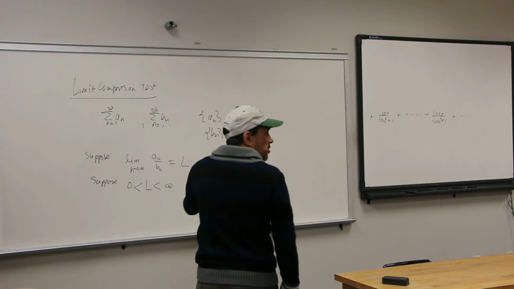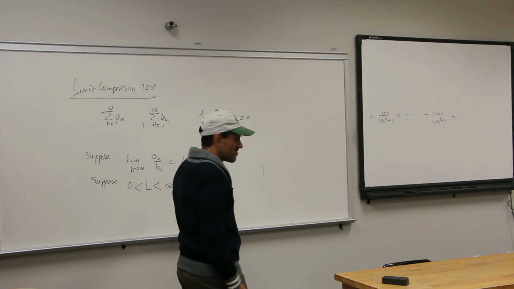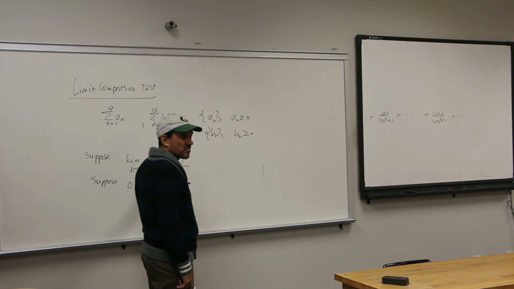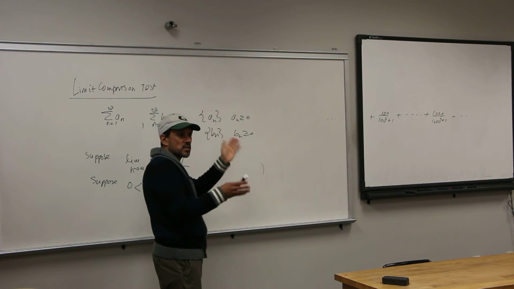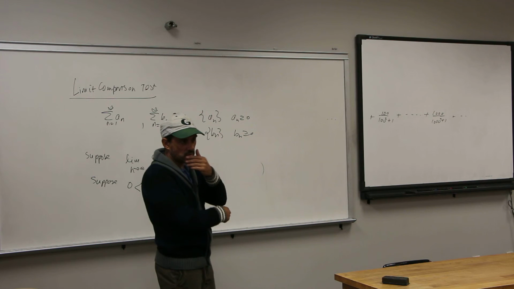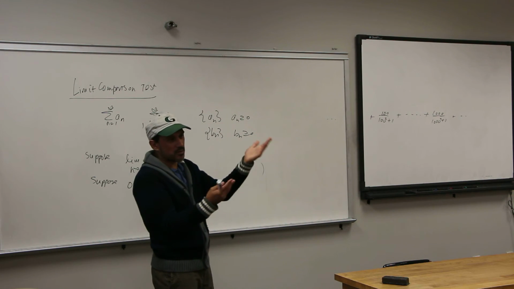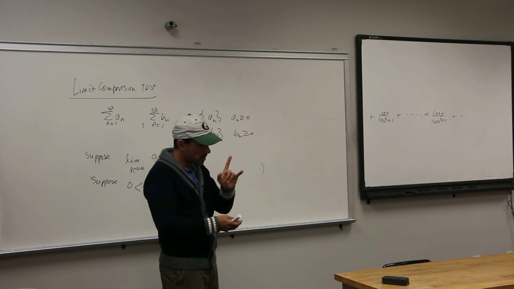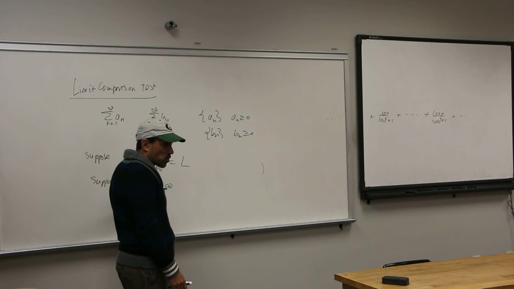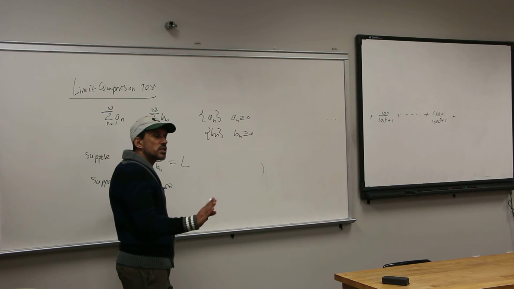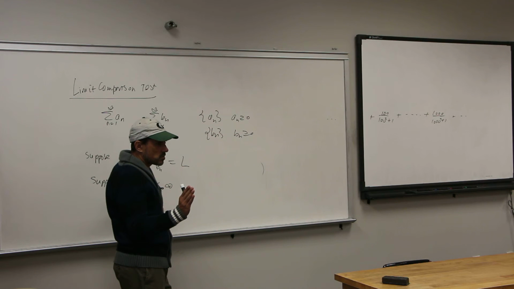If that number is 0, then you really can't compare. And if that number is infinity, then you can't say anything about the two sequences. But if this number is a finite number bigger than 0, the two series are the same as far as convergence goes.